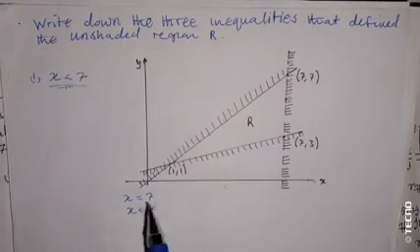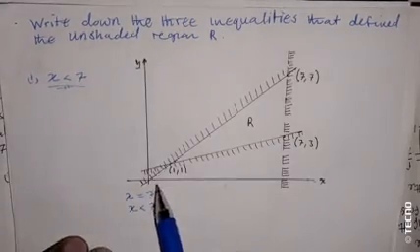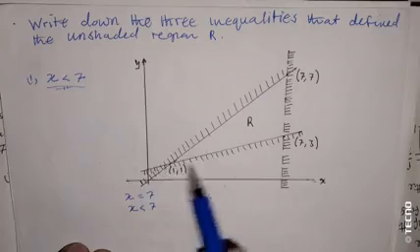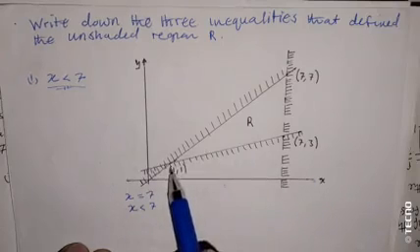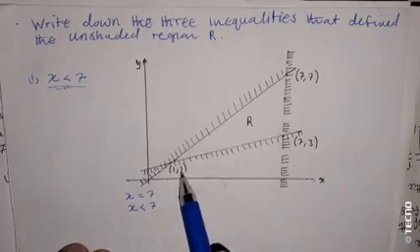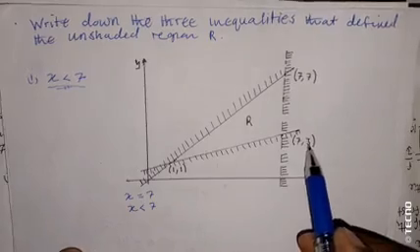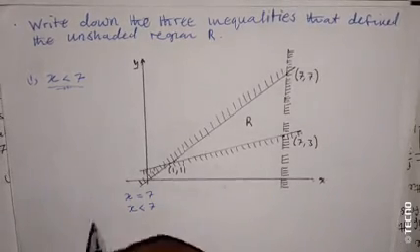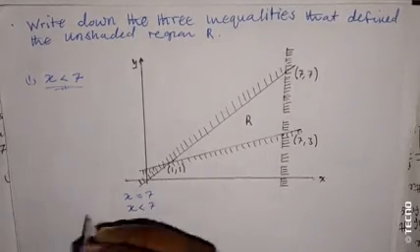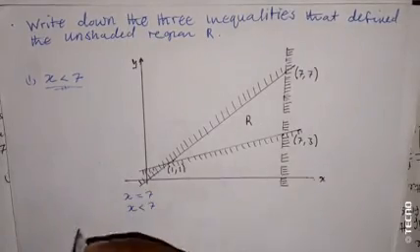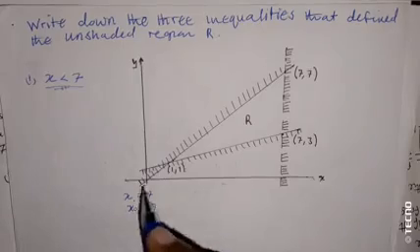Now the second one, again we pick each of these lines. Here we have the coordinates 1, 1, and also 7, 3. Having these two, we are going to find the equation of this line.